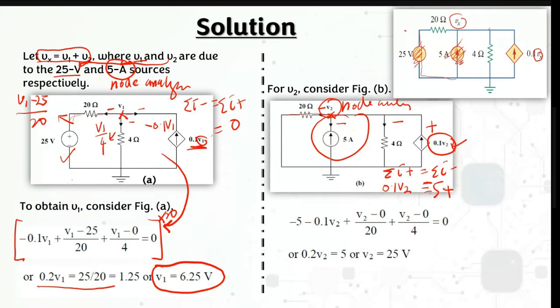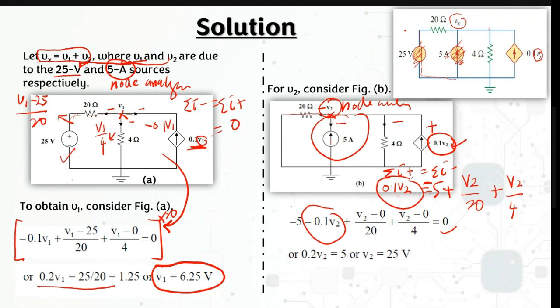Because it's opposite directions with your current direction that you draw here lah. Okay, so you can just put -5 plus with V2 over 20 here, V2 over 20 plus with V2 over 4. Okay, V2 over 4, and then you can just bring this 0.1 into the other side and then just equate with 0, so that this one going to be negative 0.1 V2 lah.